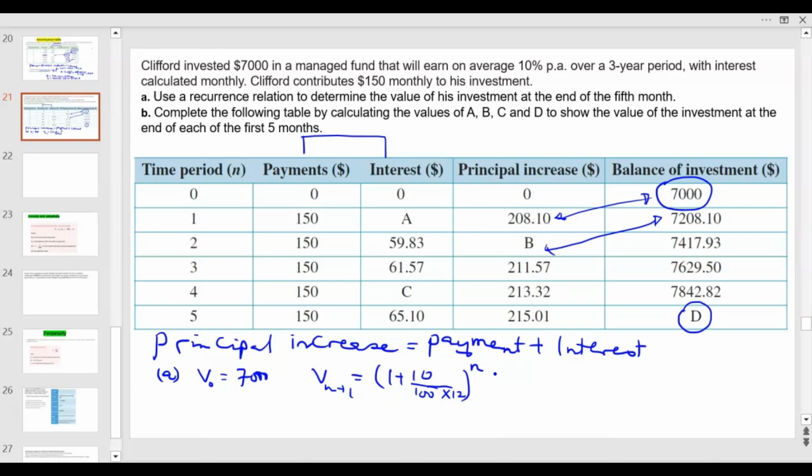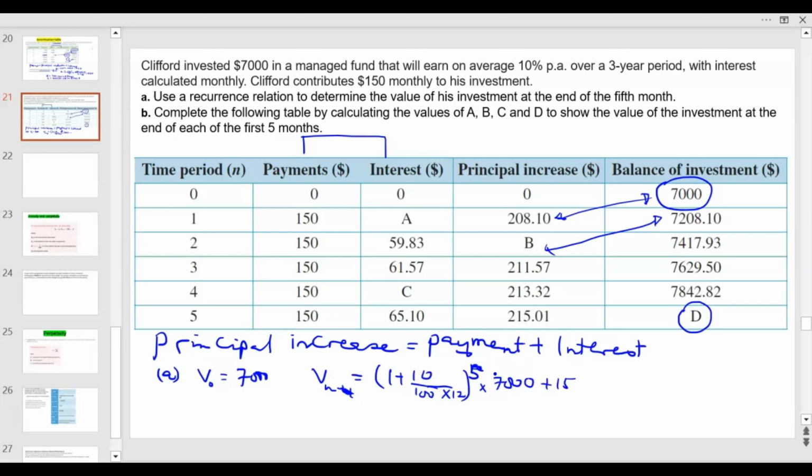In this case, our n value is 5. Let me establish the formula first, then we worry about the rest. In this case, I want to find out after 5 months the value of the investment.